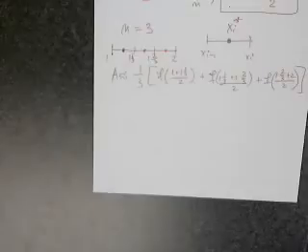Then the next one, in parentheses, 4 divided by 3 plus 5 divided by 3, close the parenthesis and divide by 2, enter. And the last one, 5 divided by 3 plus 2, close the parenthesis and divide by 2.